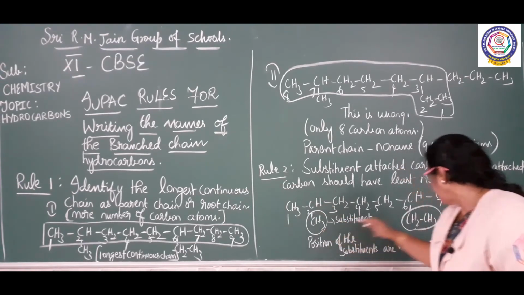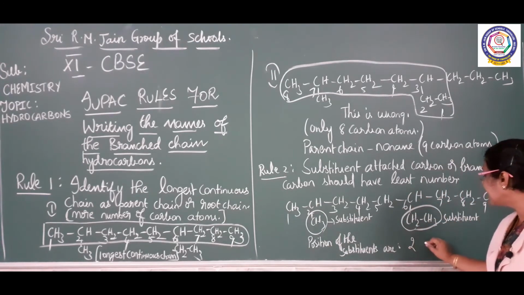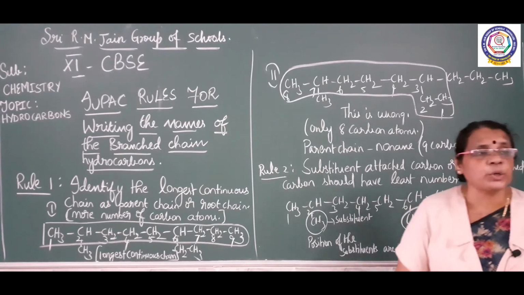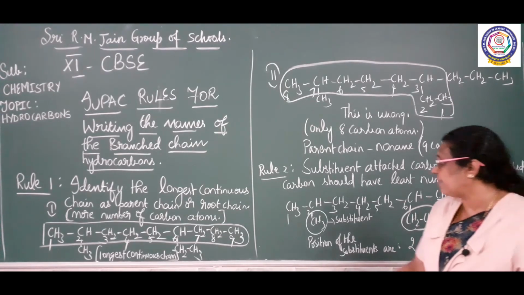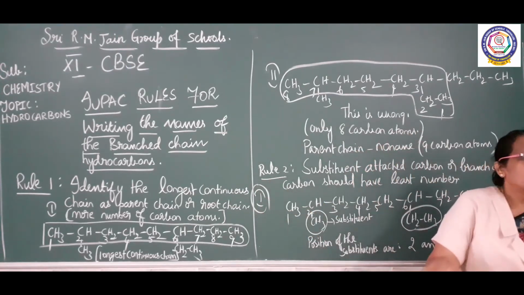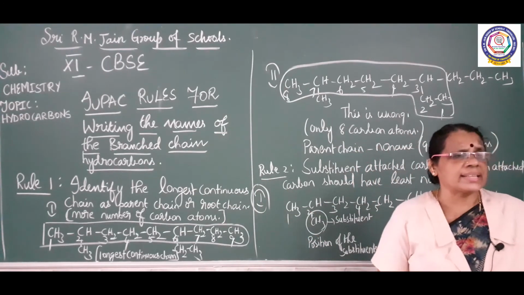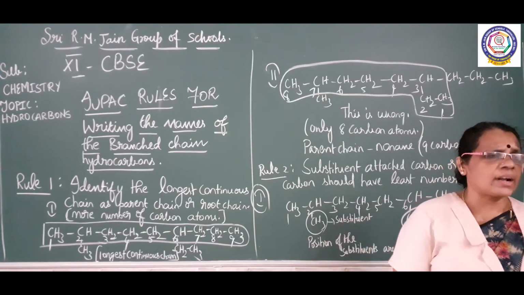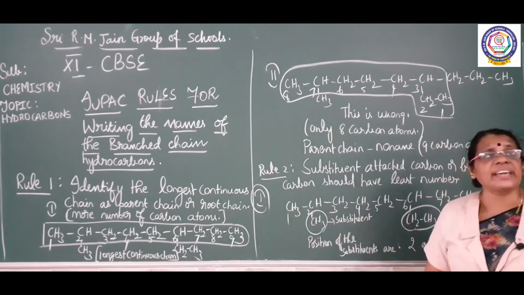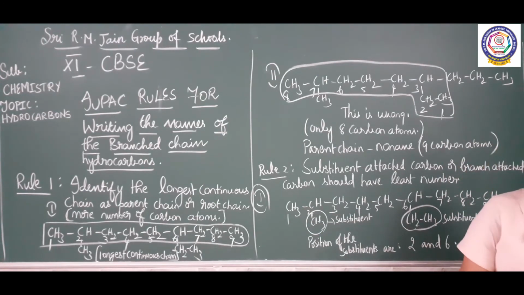One is 2, another one is 6. So in the first structure, I have numbered the carbon in such a way that I got the positions of the substituents as 2 and 6.